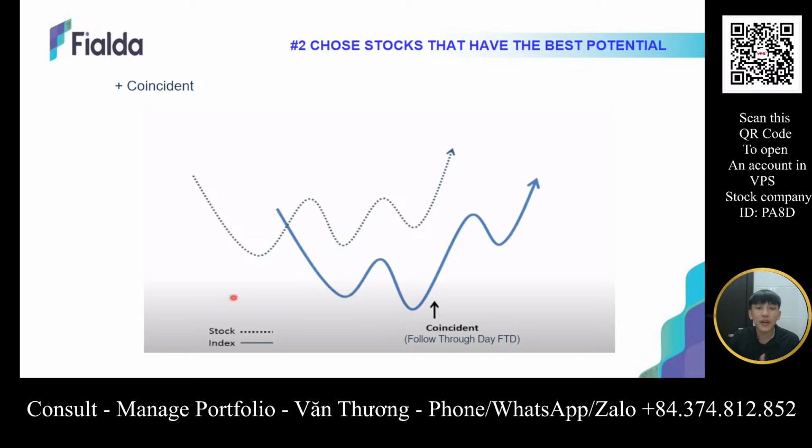Number two is when the buyers are stronger than the sellers.